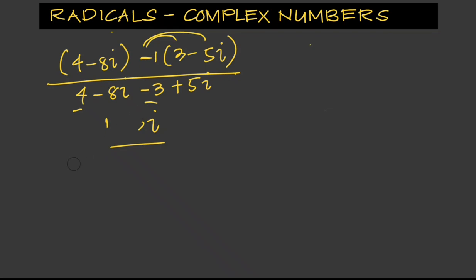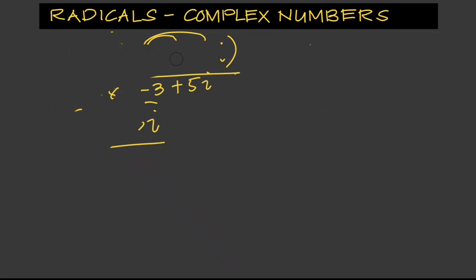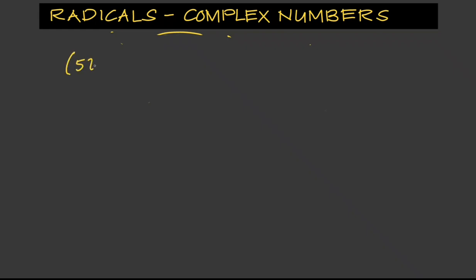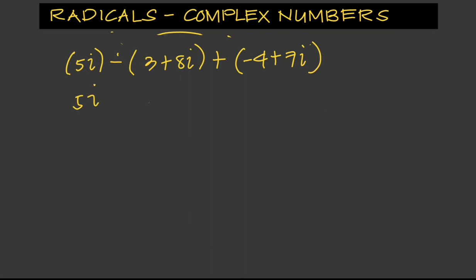How about if addition and subtraction are combined into one problem? Let's say we're given (5i - 3) - (8i + (-4)) + 7i. We distribute all the negatives first, and then we can combine like terms. So we can write this expression as 5i, and then we distribute the negative: negative 1 times 3 is negative 3, negative times 8i is negative 8i, negative 4 plus 7i.